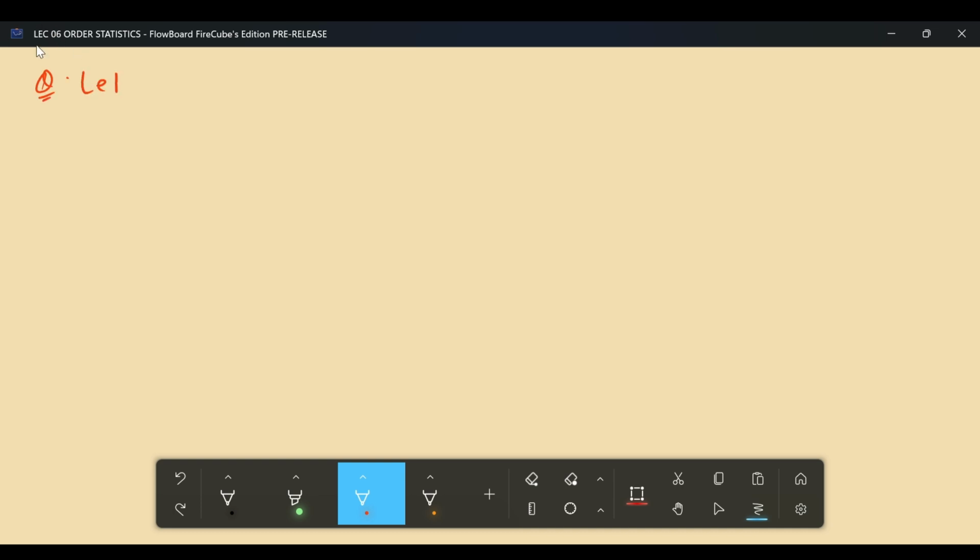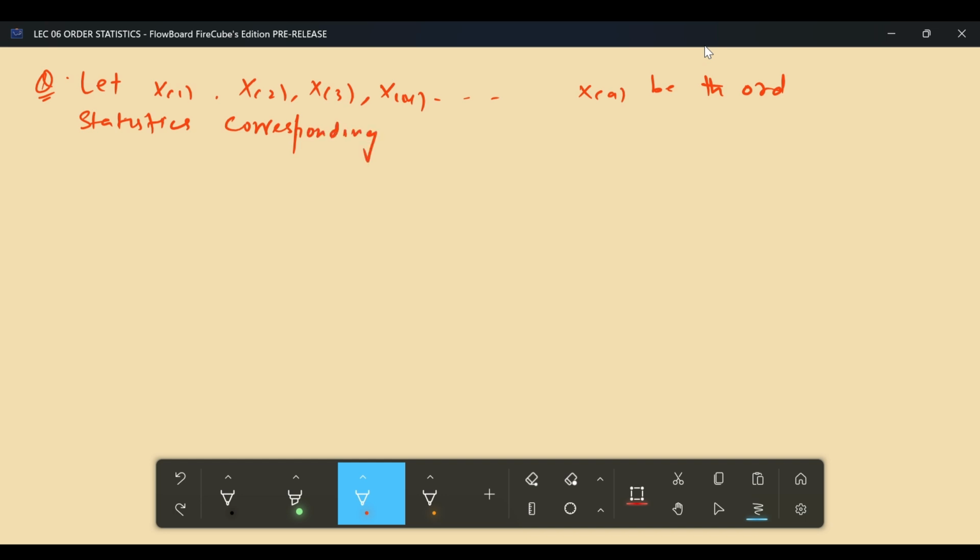The first question for today is: let X1, X2, X3, X4 up to X9 be the order statistics corresponding to a random sample, not random variables, of size 9 from uniform (0, 1).